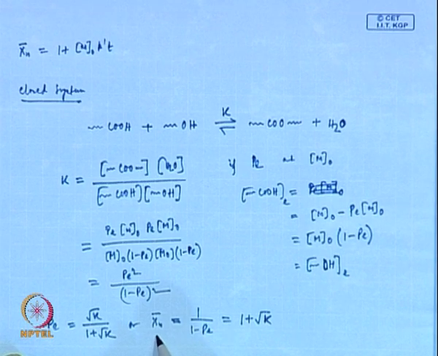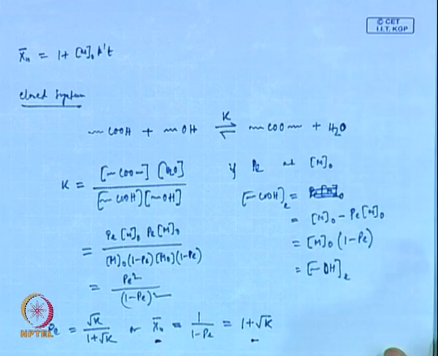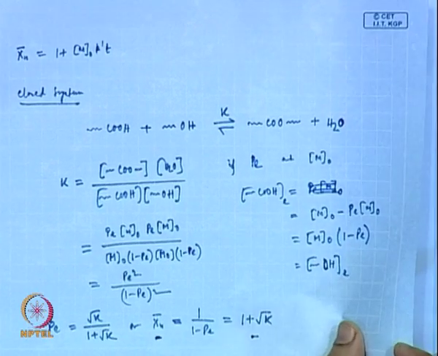And from this reaction, we now can see that this is the formula which relates average degrees of polymerization with the equilibrium constant. So, how this translates to the real number, let us look at this following data.